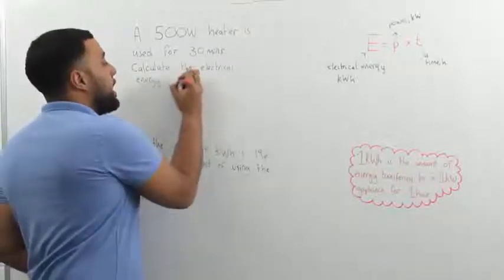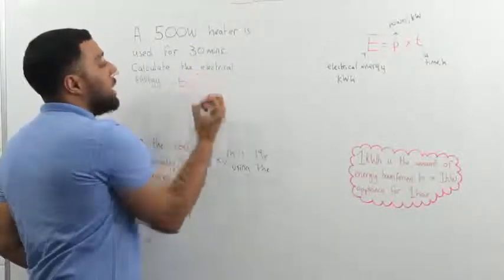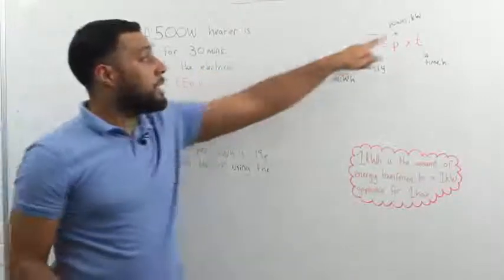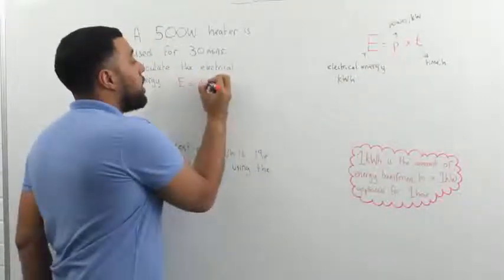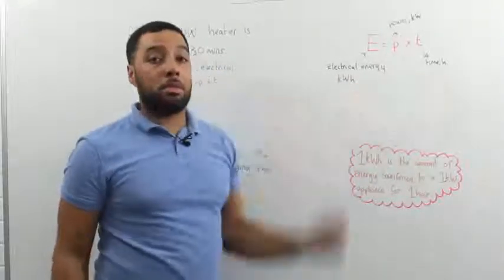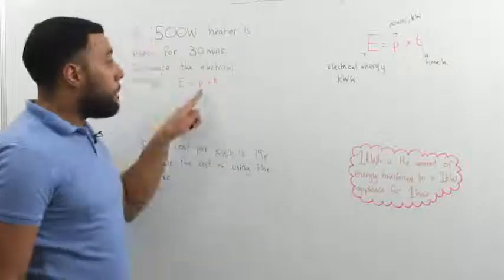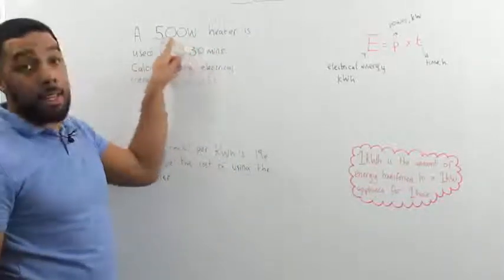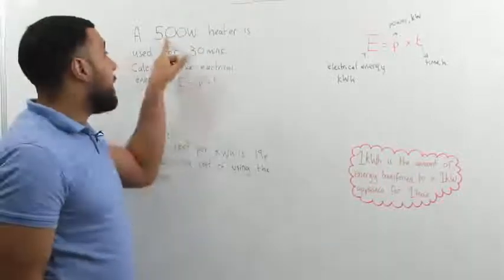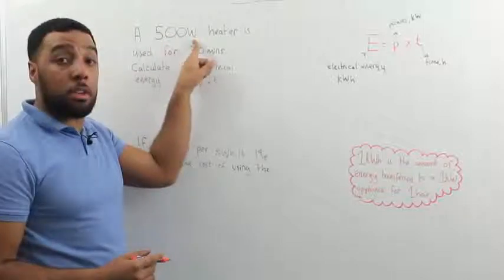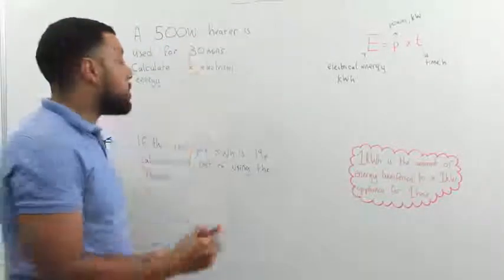Well, we know that electrical energy is equal to power in kilowatts multiplied by the time in hours. Well, power in kilowatts, it hasn't given it to me in kilowatts in the question. I've got it in watts, so I need to divide it by 1,000 to convert it into kilowatts.